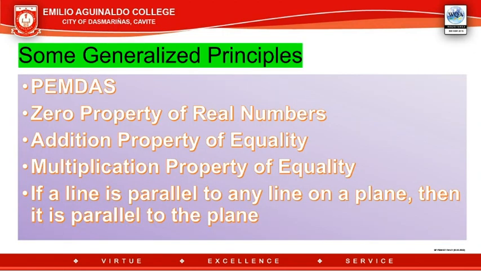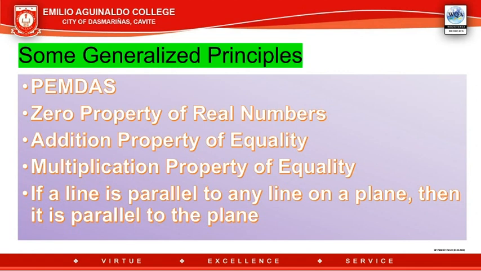These are some of the generalized principles in deductive reasoning. The first one is PEMDAS, or what we referred to as GEMDAS in our previous discussions. When we say PEMDAS or GEMDAS, we follow a certain procedure, starting from the groupings, followed by the exponents, followed by the hierarchy of operations: multiplication, division, addition, and subtraction.